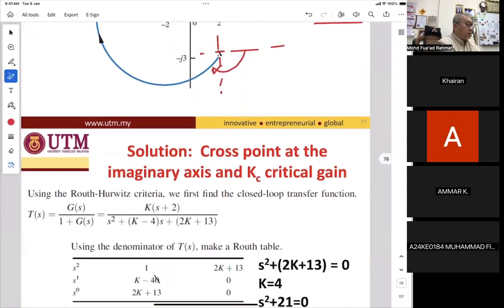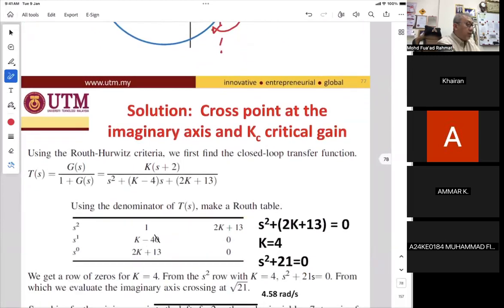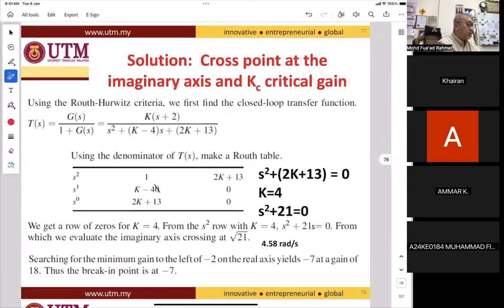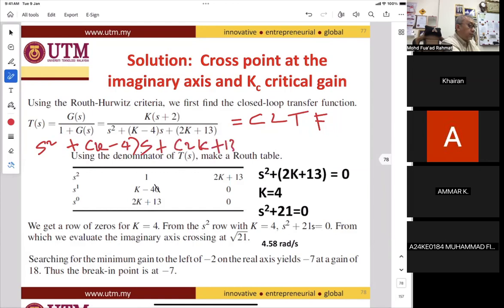So to find the gain K by calculations, first we construct the Routh-Hurwitz criteria. This is the closed loop transfer function. And the characteristic equation is s squared plus (K minus 4) s plus 2K plus 13 equals 0.